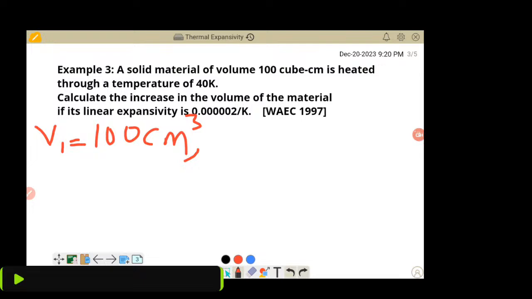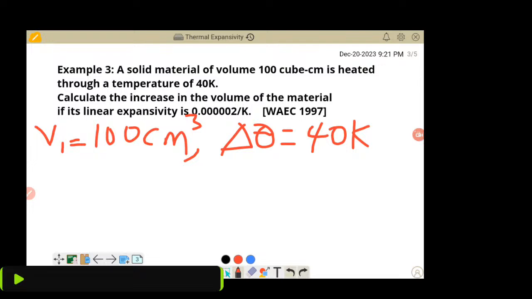When we come across a question like this, heated through a temperature of 40 Kelvin, what this is telling us is that our change in temperature for this question is equal to 40 Kelvin. So in this particular question, we are not having theta 1 and theta 2 separately. They've calculated delta theta for us, that is theta 2 minus theta 1 already.